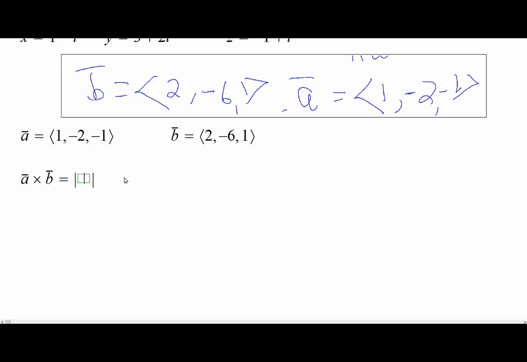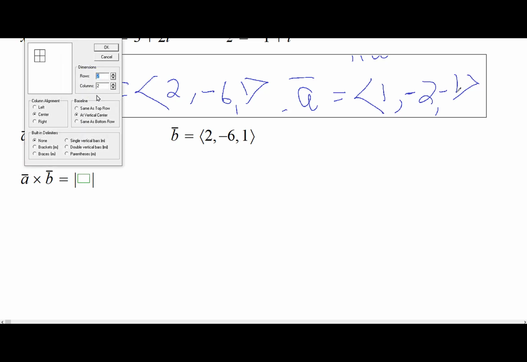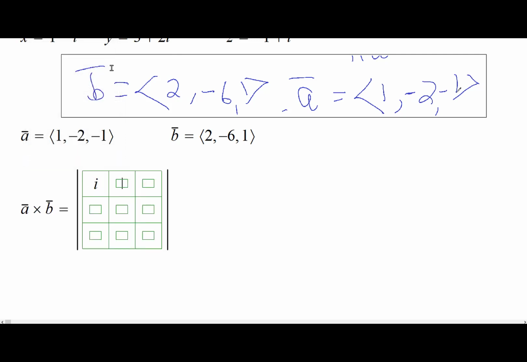We will make it 3 by 3. So you have I, then J, then K, then 1, -2, -1, 2, -6, then 1.